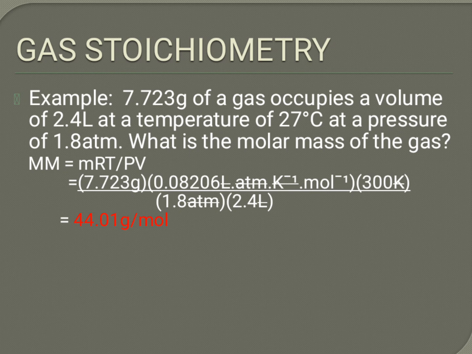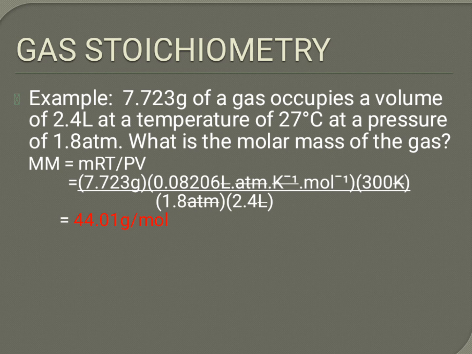So what I'm going to do is replace n with the mass divided by the molar mass. Let's use capital M to represent the molar mass. So we're going to have PV is equal to m, the mass, divided by capital M, the molar mass, times RT. Next, I'm going to multiply both sides by the molar mass, so I have pressure times the volume times the molar mass is equal to mRT.